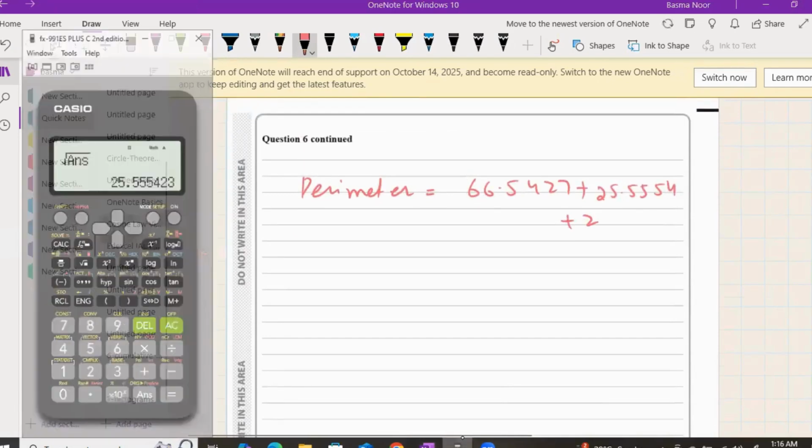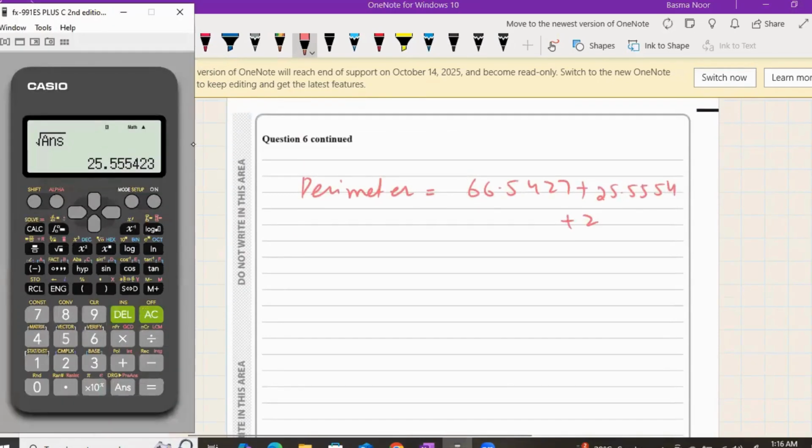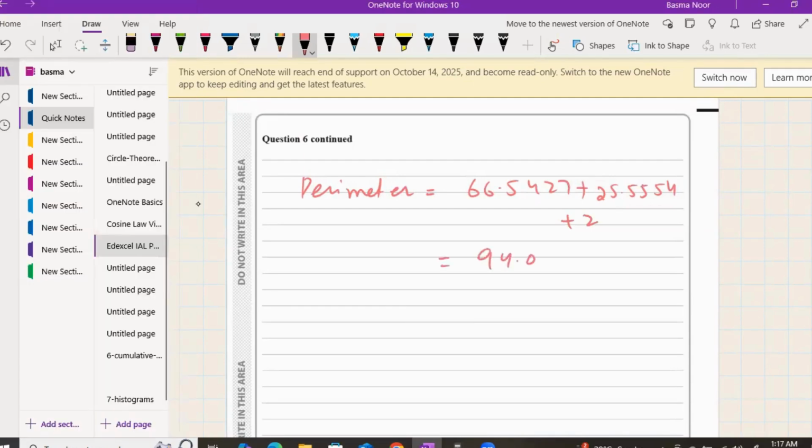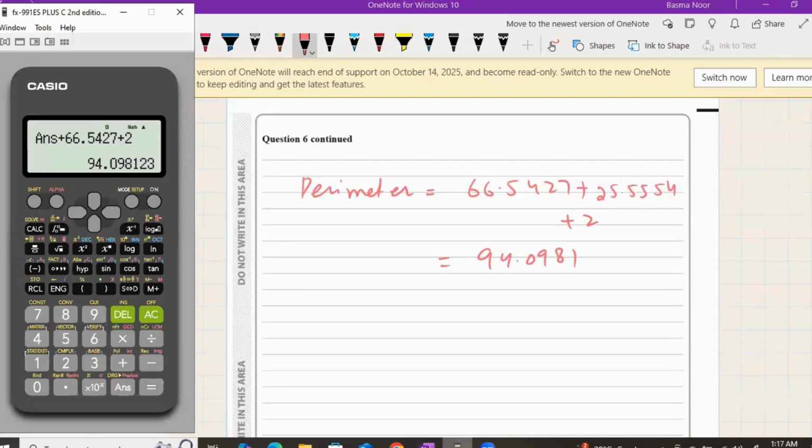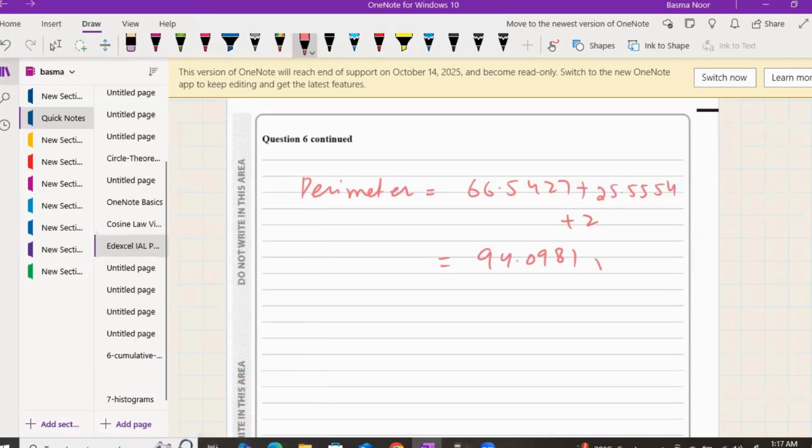Now add them all. We already got that figure here, 25.5554. Now I'll add 66.5427 plus 2. So I got 94.0981 meters in length.